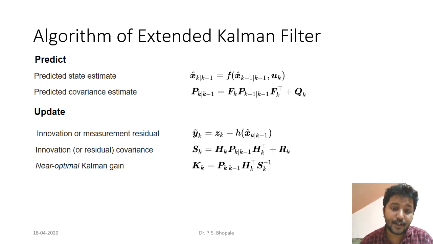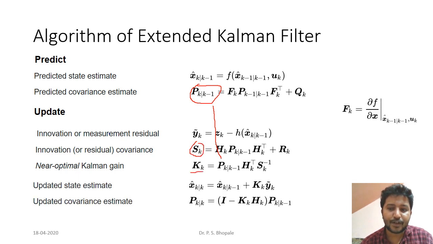Now the Kalman gain K k is calculated using the predicted covariance P k and the innovation matrix. This Kalman gain K will be used to correct and update the value.